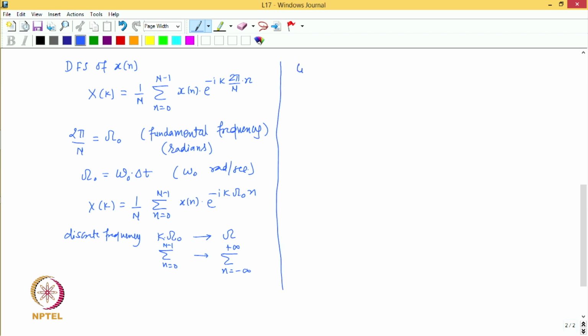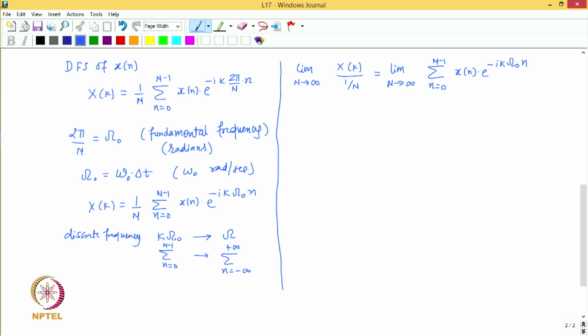So let us take the limit when n tends to infinity, where we want to find the limit of xk upon 1 by n, and this is equal to the limit n tending to infinity of summation n is equal to 0 to n minus 1 x n into e to the power minus i k omega naught n.